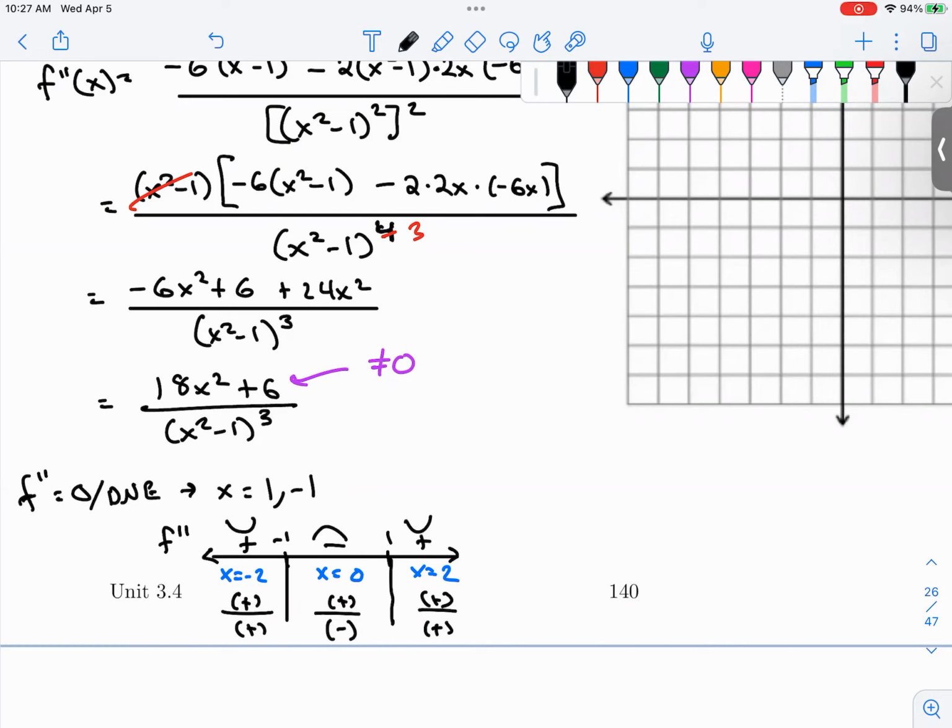And concavity changes there. What are those inflection points? No, because the function is not defined there.